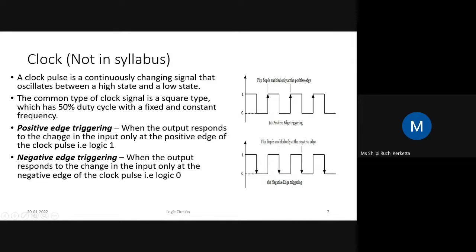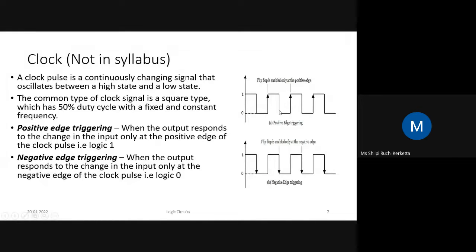Okay. So we have two types of clock pulse. One is positive edge triggering and one is negative edge triggering. Earlier, in JK flip flop and D flip flop, we used positive edge triggering. The output will respond to the change in the input only with the positive edge. This is the positive edge and this is the negative edge.